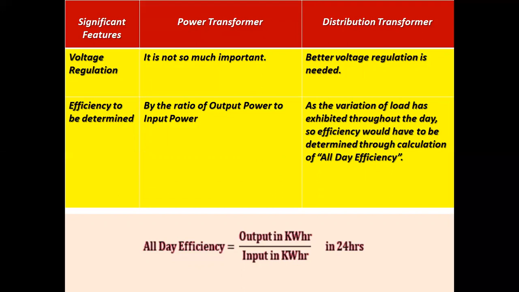In case of distribution transformer, it is better to use the variation of load as exhibited throughout the day, so efficiency would have to be determined through calculation of all day efficiency. All day efficiency equals output in kilowatt hour divided by input in kilowatt hour in 24 hours.